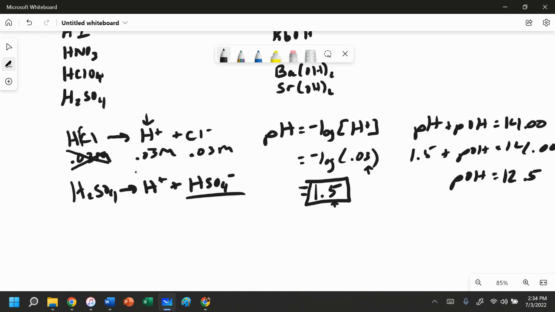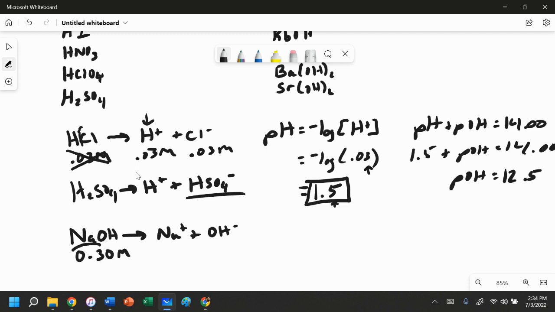How do you calculate the pH or pOH of a strong base? Well, very similar. If we had an NaOH solution, that NaOH solution 100% dissociates into sodium ions and hydroxide ions. 100%. So if this was let's say a 0.30 molar sodium hydroxide solution, then it actually doesn't have any sodium hydroxide bonded together in the solution.